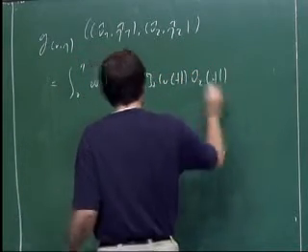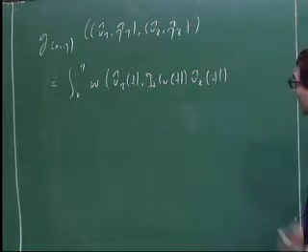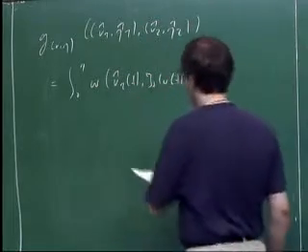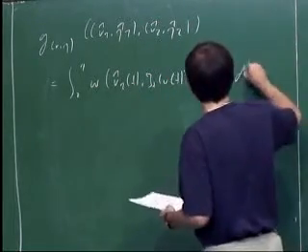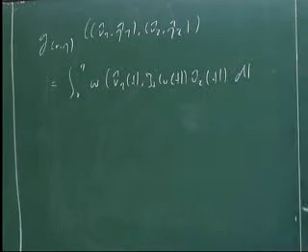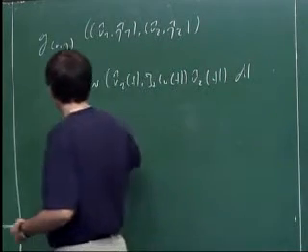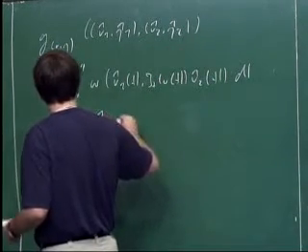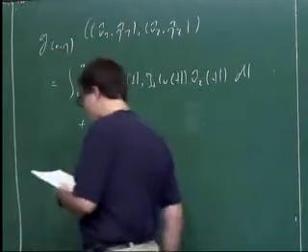Since this is omega-compatible, this is a time-dependent Riemannian metric on M, and then plus eta hat 1 times eta hat 2.